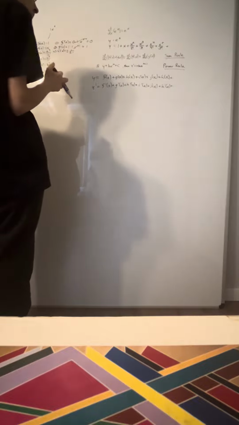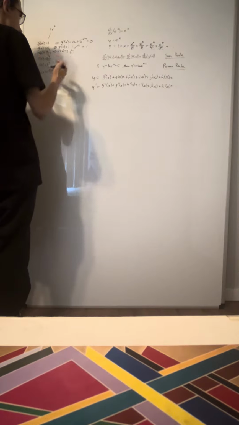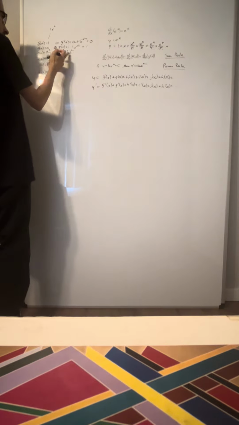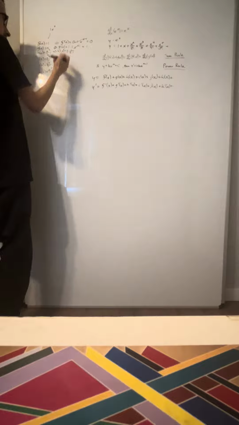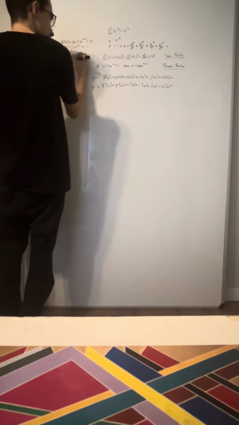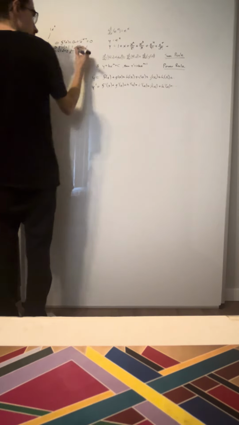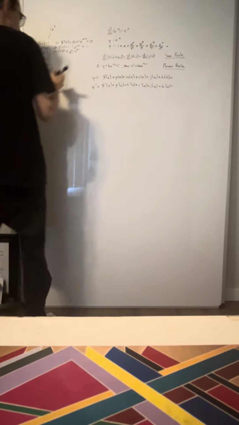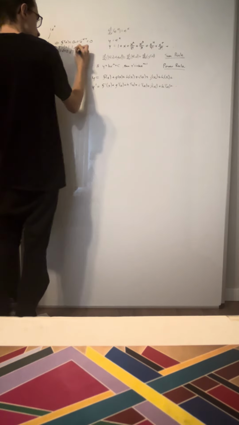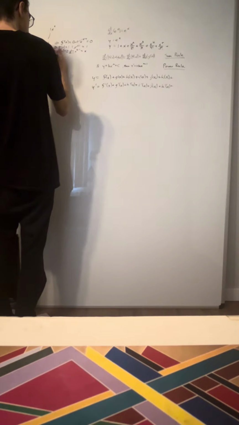If you know what your factorials are, so notice we have a 2 on top and a 2 in the denominator, so those are going to cancel out, and we have our x to the power of 2 minus 1, so that's just going to be like x to the 1st, or just x.